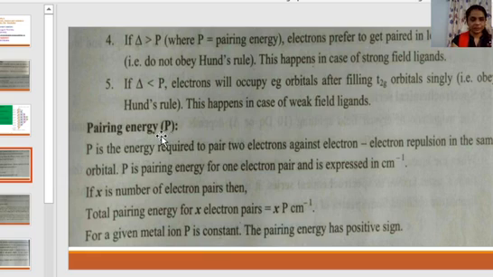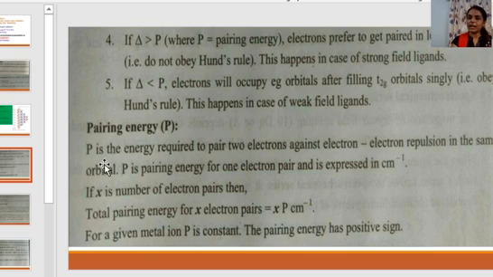Pairing energy P is the energy required to pair two electrons against electron-electron repulsion in the same orbital. We know that there is repulsion between like charges. All electrons are negatively charged, so there will be repulsion between them.